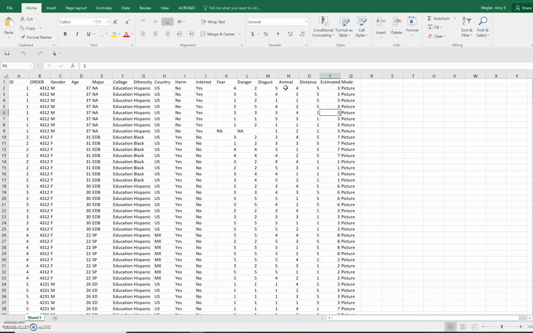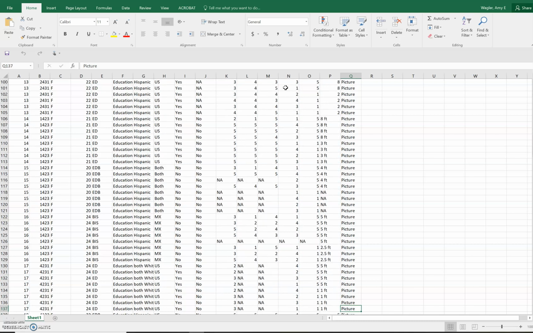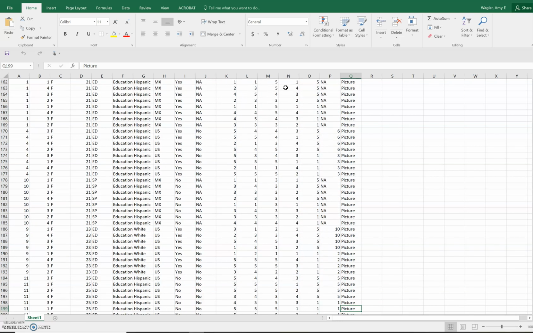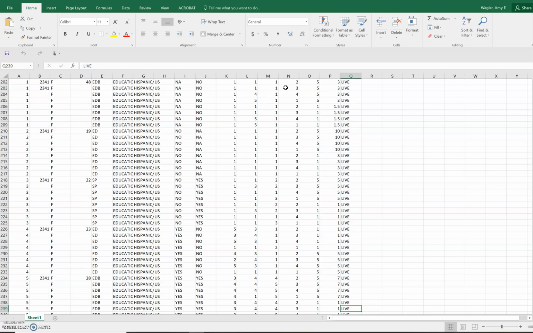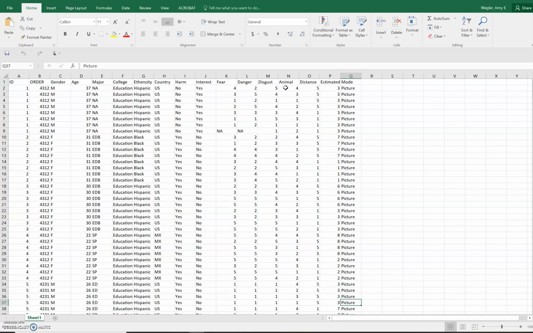And then finally, they had whether or not they saw the mode of the animal, that whether or not it was a picture or a live specimen. Let's see, I'm trying to find the live specimens here. There we go, there's the lab. Okay, so just so you know, the class designed the whole experiment, decided how to carry it out.